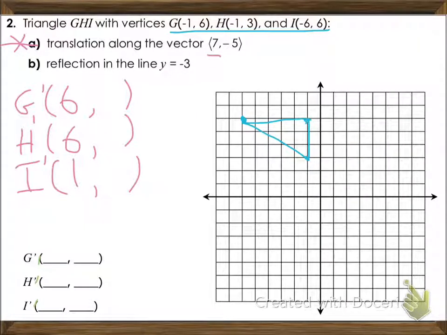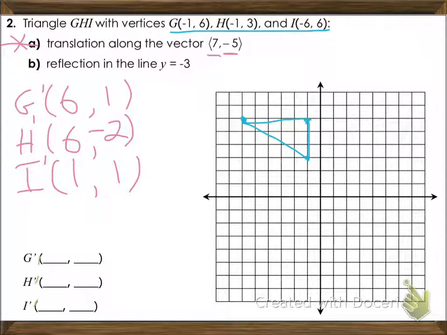So there's all my x values. So now for my y values, I'm going to be subtracting 5. So 6 minus 5 is just going to be 1. And then 3 minus 5 is going to be -2. And then 6 minus 5 is going to be 1. So this is going to be transformation A.